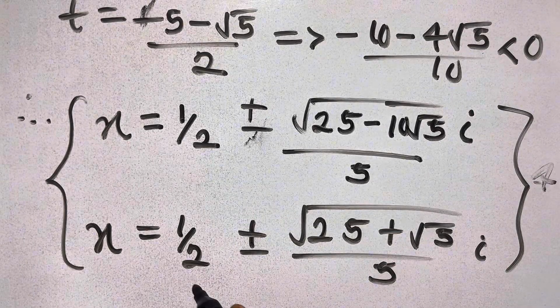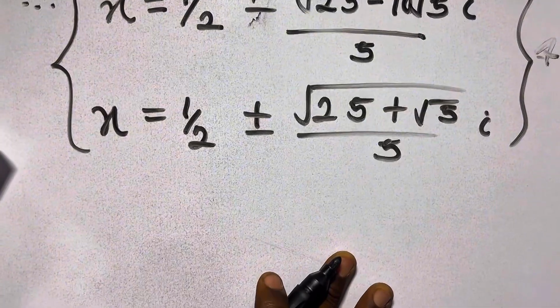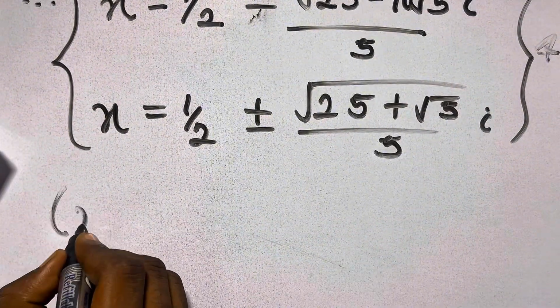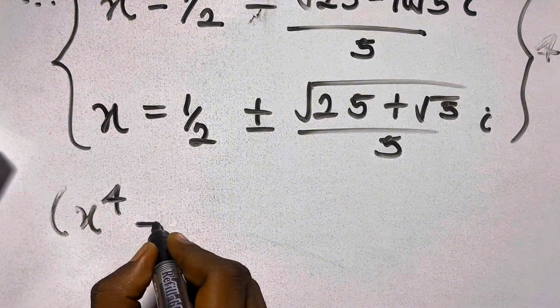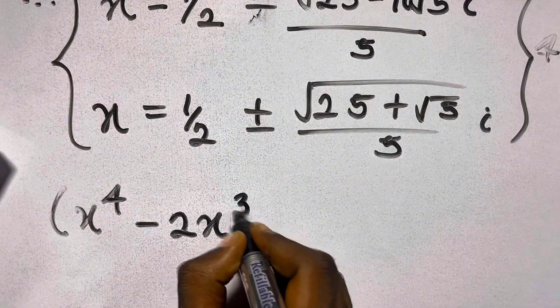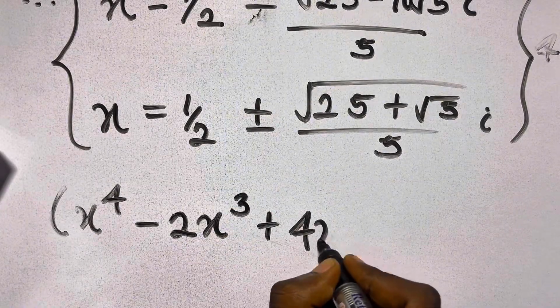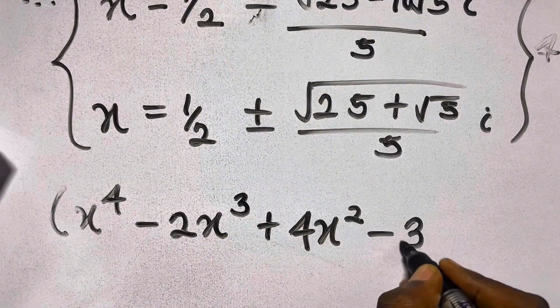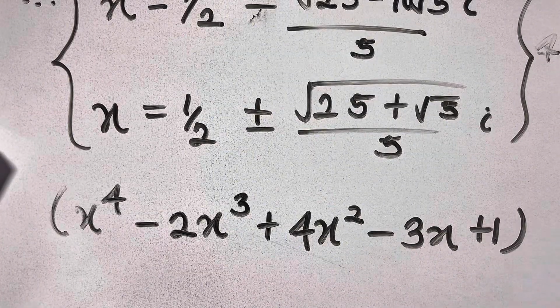But don't forget that we have a factor we have not evaluated, and that's the one I asked you to keep earlier, which is x^4 minus 2x^3 plus 4x^2 minus 3x plus 1.